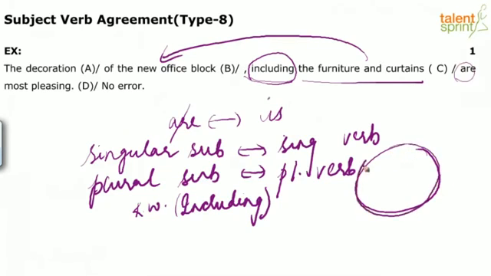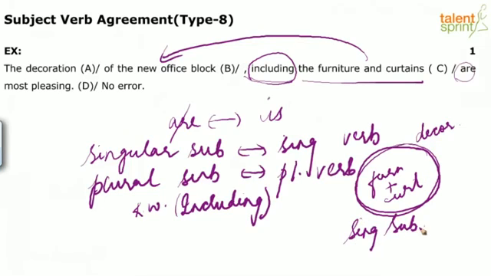So here, this is decoration, so furniture and curtains are also included in it. It still remains a singular subject, right?